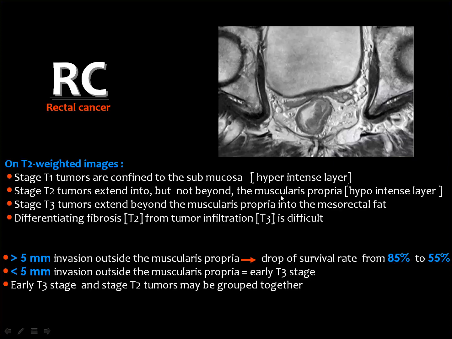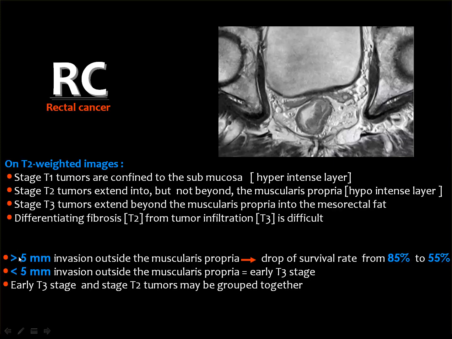Then starting from T3, tumors extend beyond the muscularis propria into the mesorectal fat, and we have to be careful in judgment of such involvement.